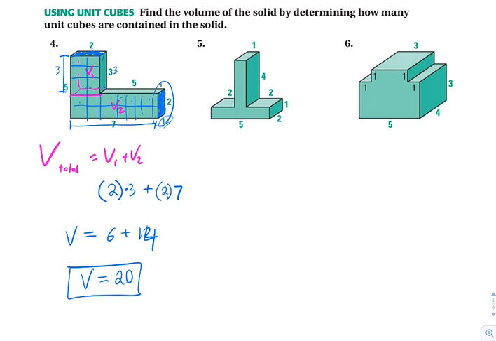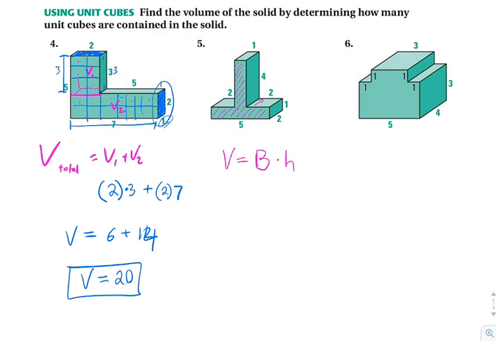For the second one, I'm going to say this is actually a prism. I can tell it's a prism because it's the same polygon on one side projected through to the back. So the volume is the area of that base times the height.